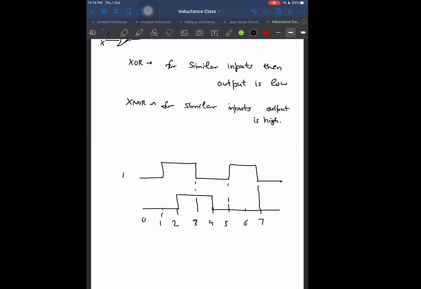This is the input waveform of A, and input waveform of B. What is Y if Y is equal to A dot B? What is Y if Y is equal to A plus B? What is Y if Y is equal to A dot B bar plus A bar dot B? Can we form a waveform?